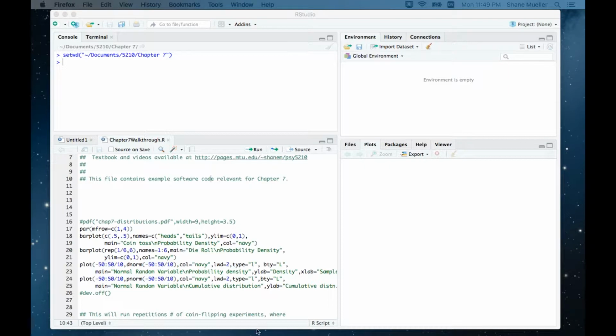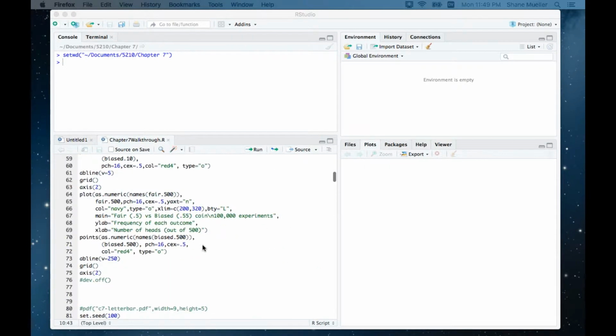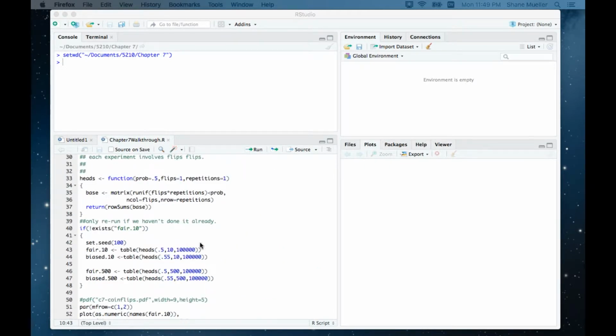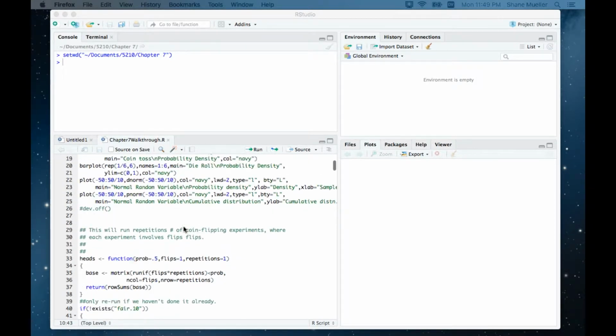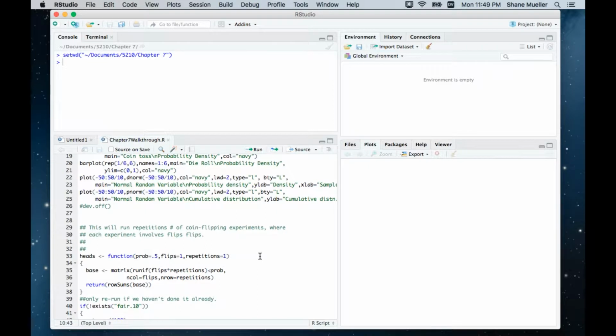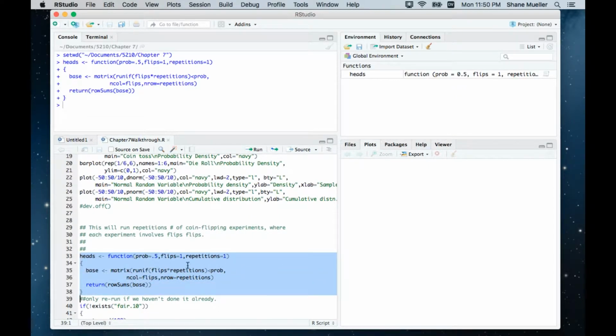This simple example says, let me flip a coin. I'll give it a certain number of flips, and the coin will maybe be biased or unbiased, and I'll give it a number of repetitions. If you walk through the logic here, it's nothing we haven't done in previous chapters. Here's a function that will flip coins for you.